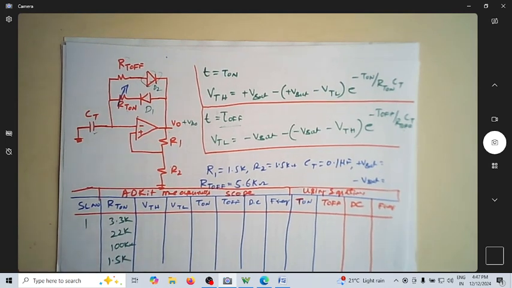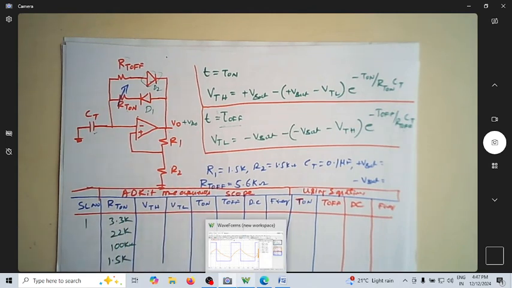For the first, let me go to 3.3k as my resistance. Let us see the limitation that I may end up with. I kept this as 3.3k. This is already 5.6k. Let me just go here and try to find out.